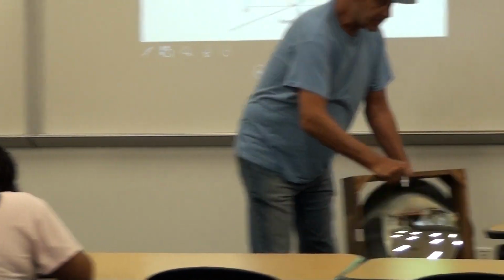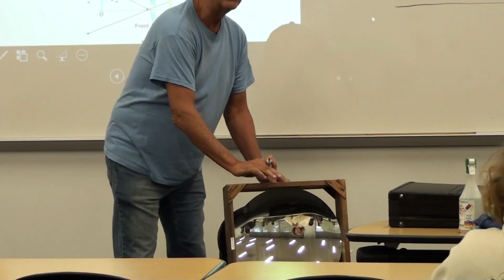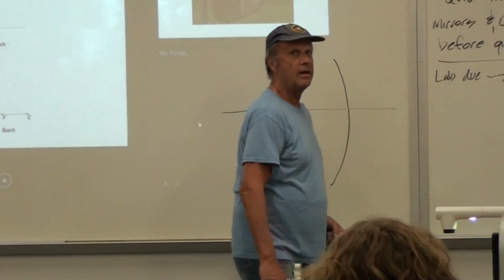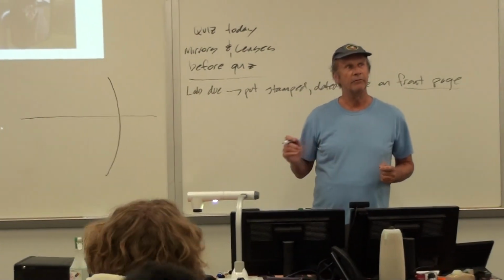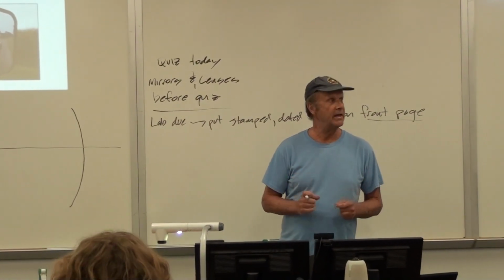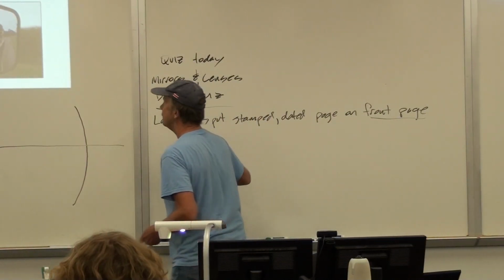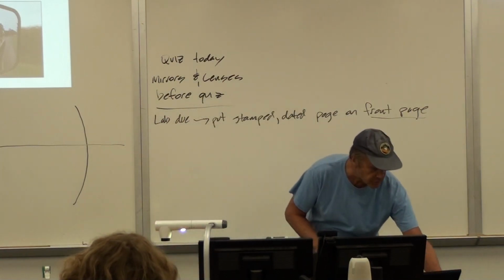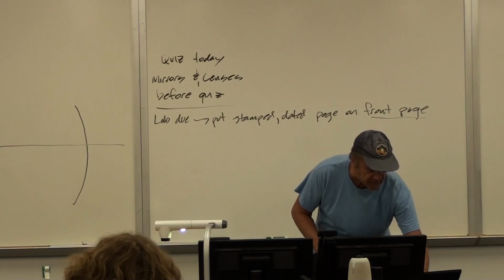This concave mirror allows for certain kinds of images to be formed depending on the distance of the object from the mirror. We can form an image at some other location, and that's our goal for doing this: to form an image. That image will have some kind of strategic value.